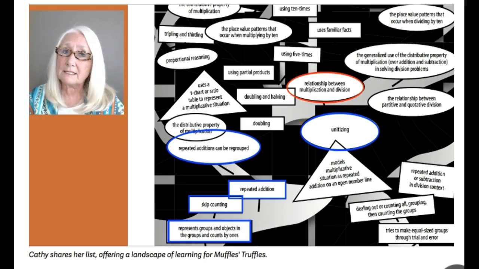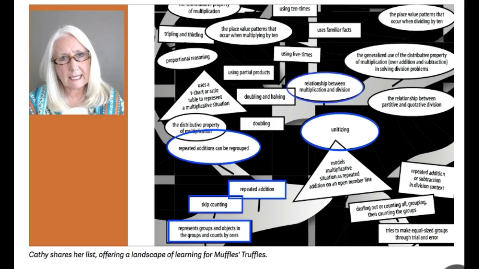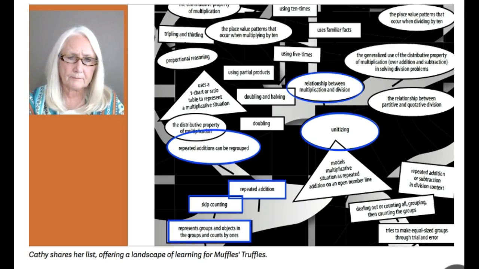In fact, you may see a lot of that in the beginning of this unit. But now let's go further in the landscape. Where do we want to take the children? What kind of a journey are we hoping to take them on?